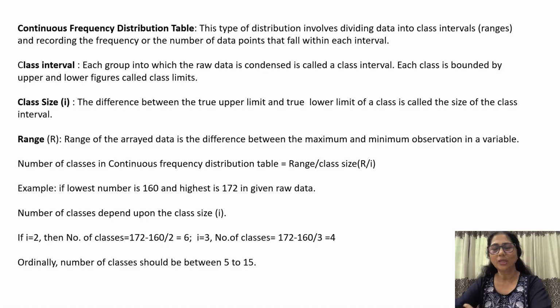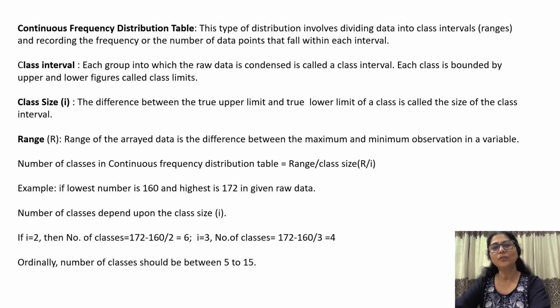So in a data set, the difference between the lowest number and the highest number is the range. Once we get the range of that data, if we want to construct the continuous frequency distribution table, we want to know how many classes we can make in it.